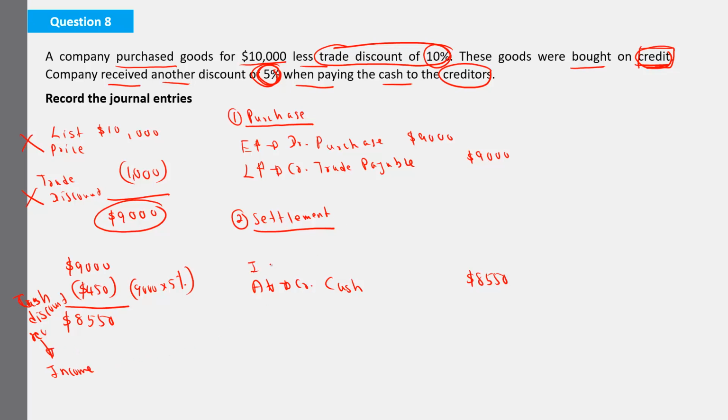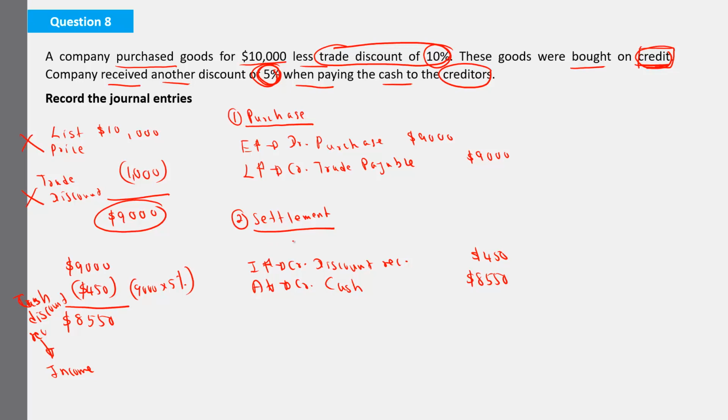So income increases. It's a credit record. What is that income? Discount received income. How much is that? $450.